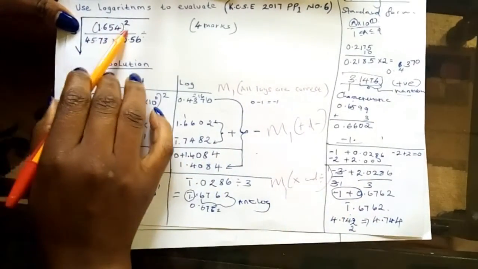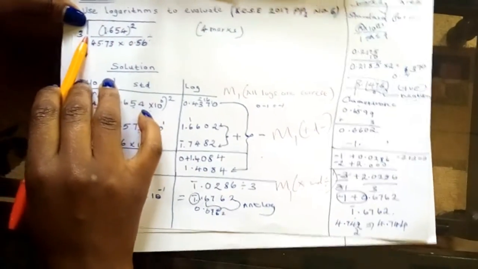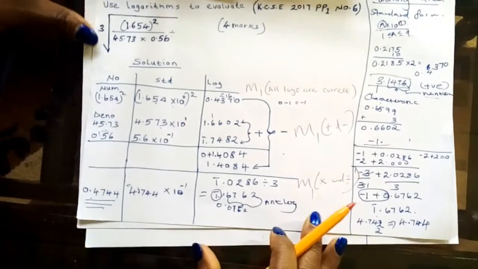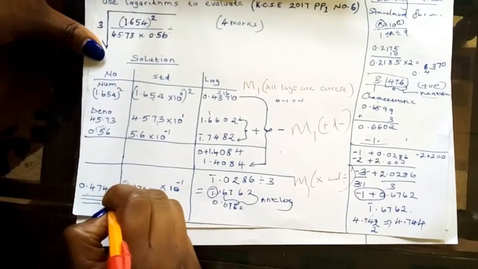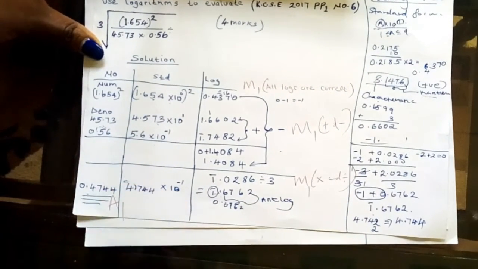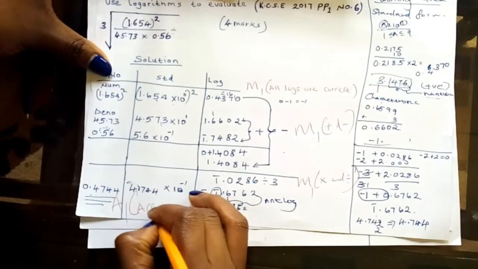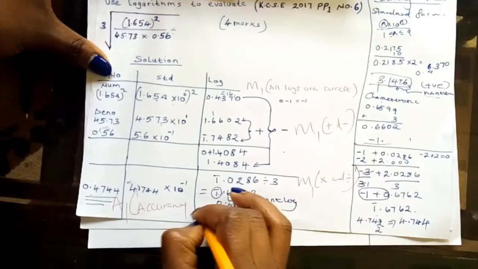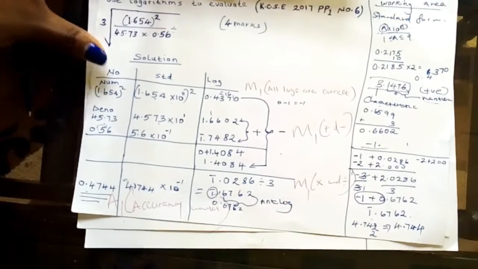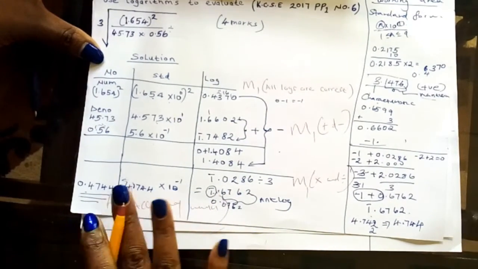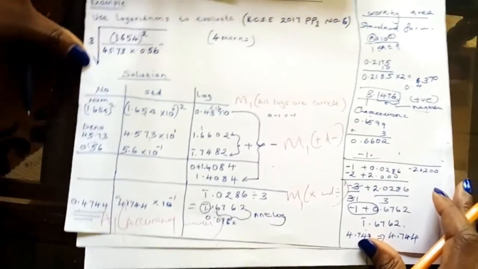Like here, the power means multiply, and root 3 means you divide by 3. The next mark is for the accuracy. This one shall be for the accuracy mark. And that is how you get your free 4 marks.